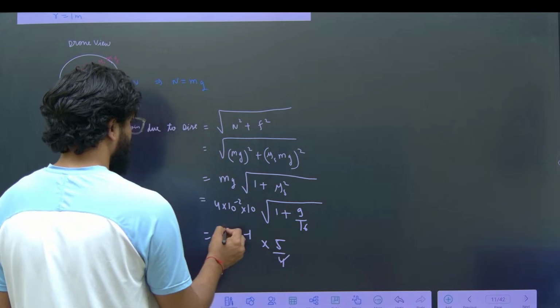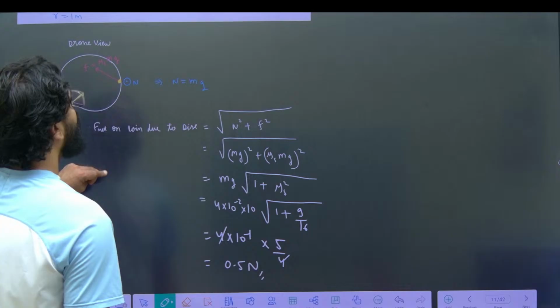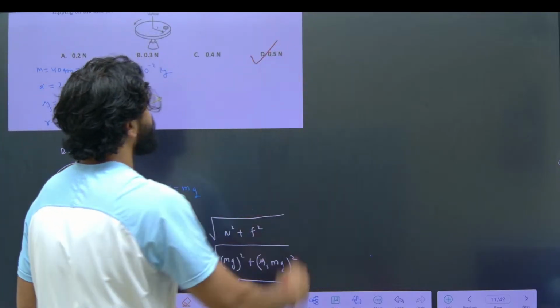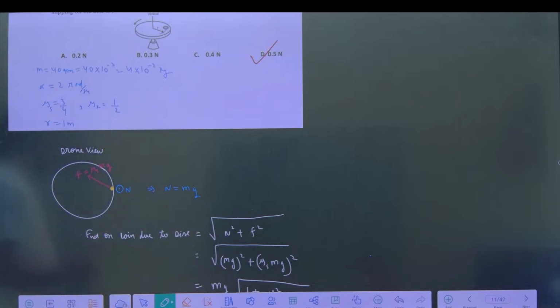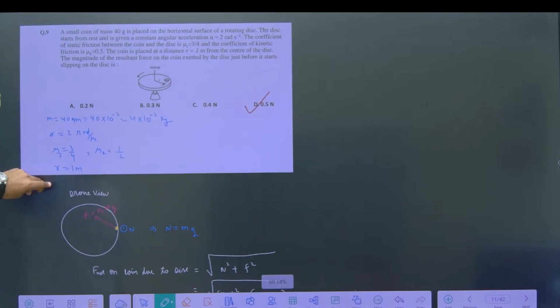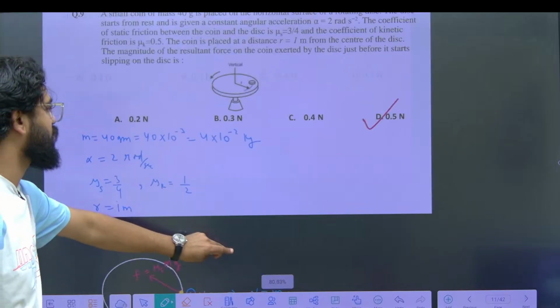So the 4 getting cancelled out, it is just 0.5 Newton. A very good number, very good number. So the answer over here, it should be D. Which question is this? 9th. Okay, correct. So the answer over here, it should be D. Correct, guys?